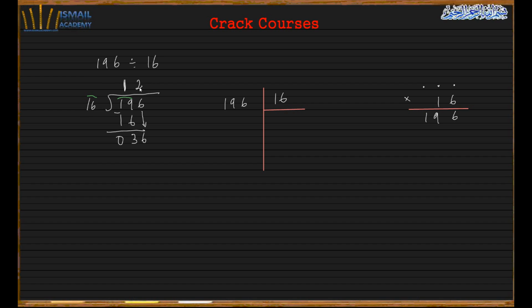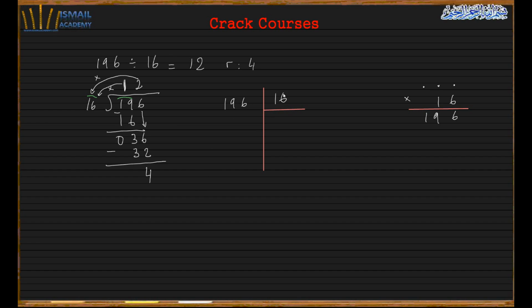So I multiply 2 with 16, and here I will have 32. Then I subtract. The remainder is 4. 4 is less than 16, and it will be my final answer. So the quotient here is 12, and the remainder is 4.